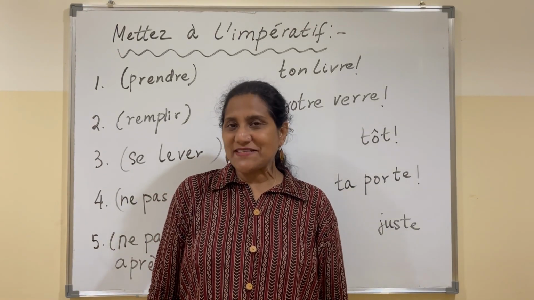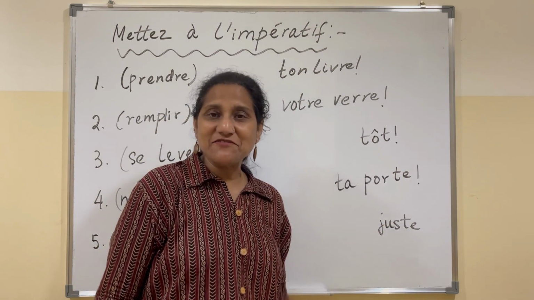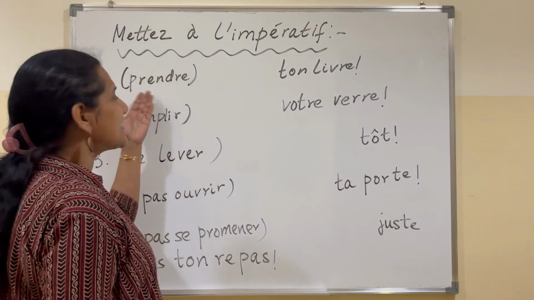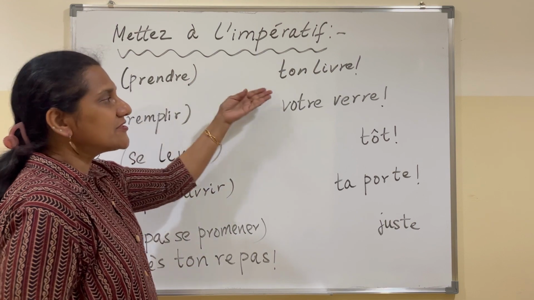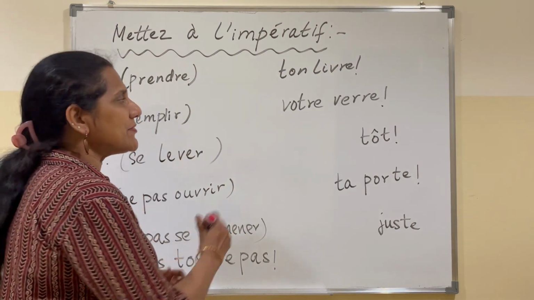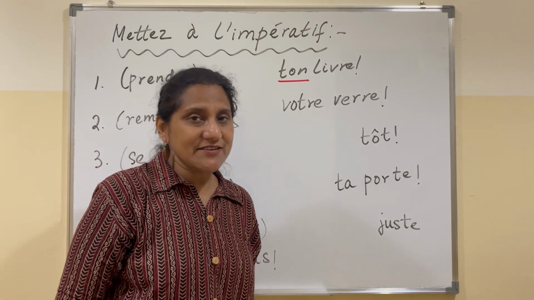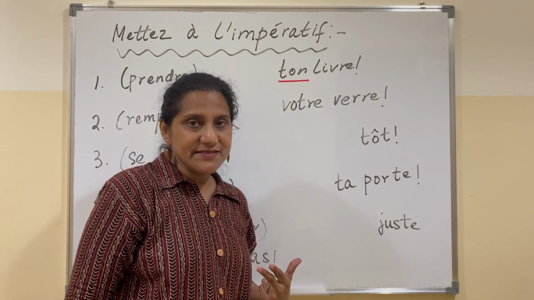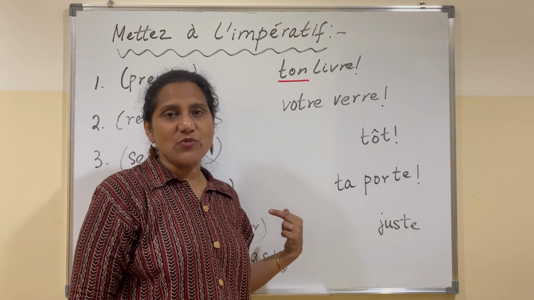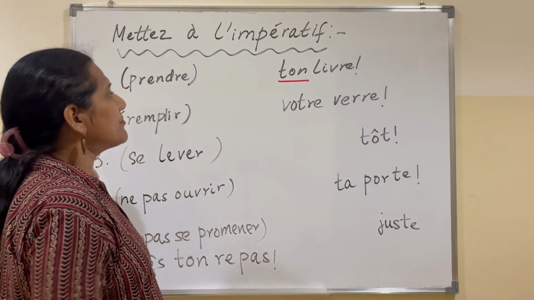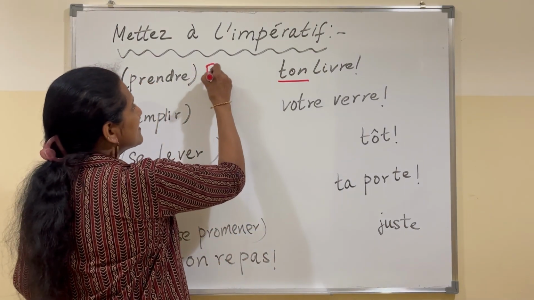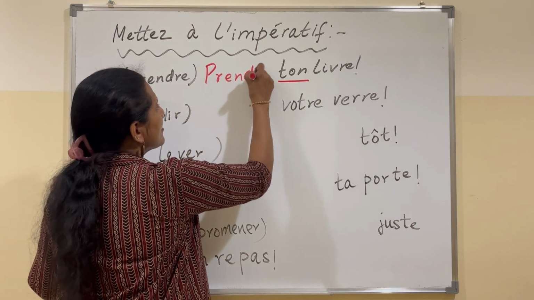Let's learn how to do exercises in imperative in French. Let's take an example. Prendre ton livre. Now remember, we'll get a clue in the form of a possessive adjective in most of our sentences. In case we don't, I'll tell you what to do. So here we've got the verb prendre, and in the tu form it is prends ton livre.